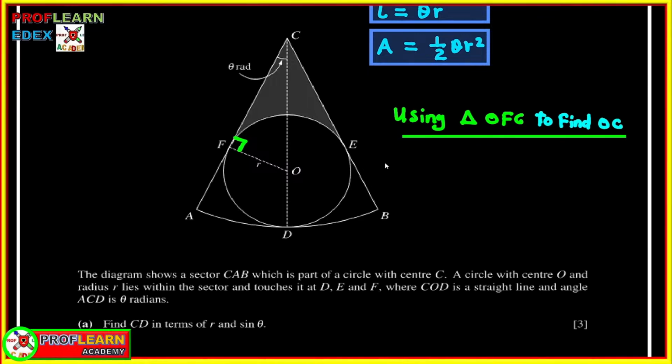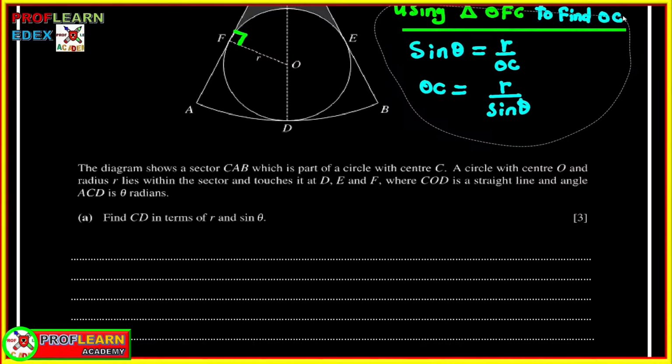We are going to use it to find the length of OC. We can say that sine theta equals opposite over hypotenuse. So our opposite is R and our hypotenuse is OC. Now we can make OC the subject of the formula and have OC equal to R over sine theta. But CD is actually OC plus the radius of that circle.